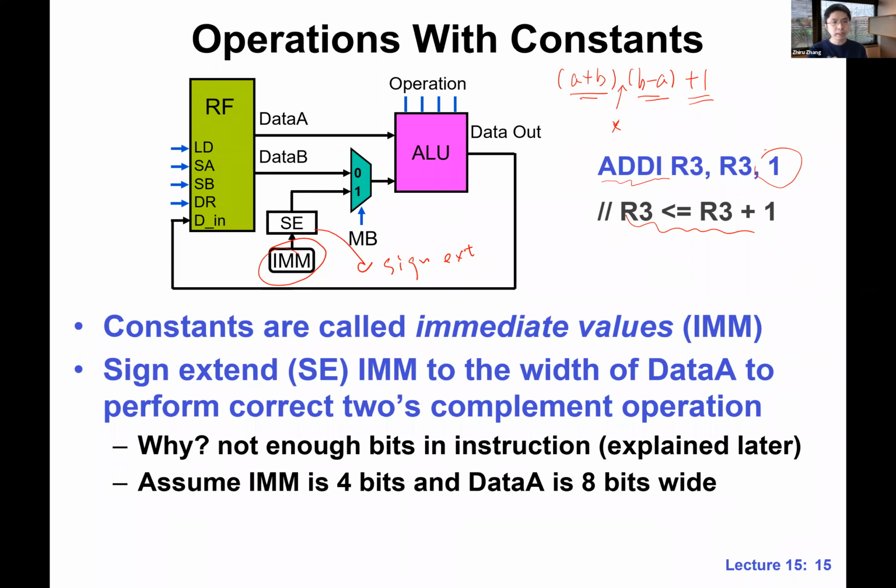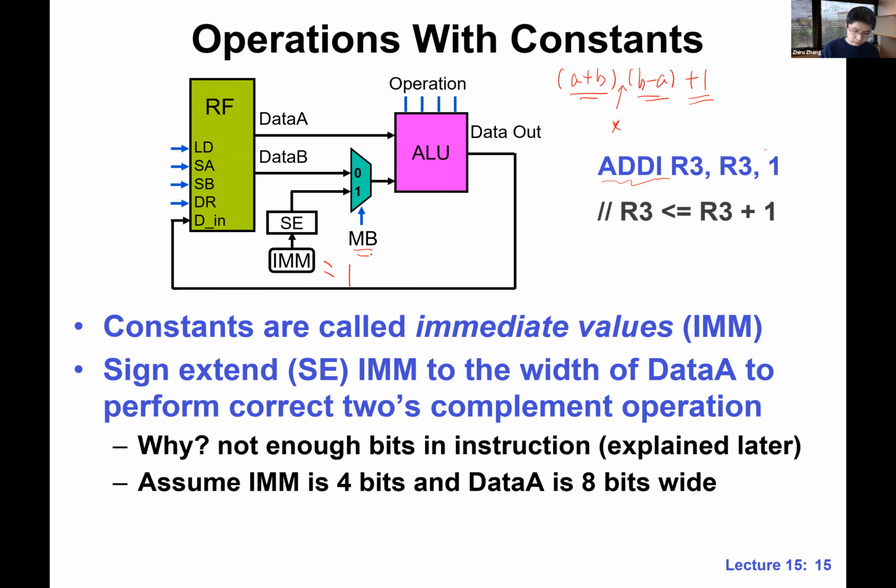But coming back to the datapath, can you tell me, to complete this instruction, to increment R3 by 1, what should be these control signals? Of course, we assume that the immediate IMM is assigned a 1.